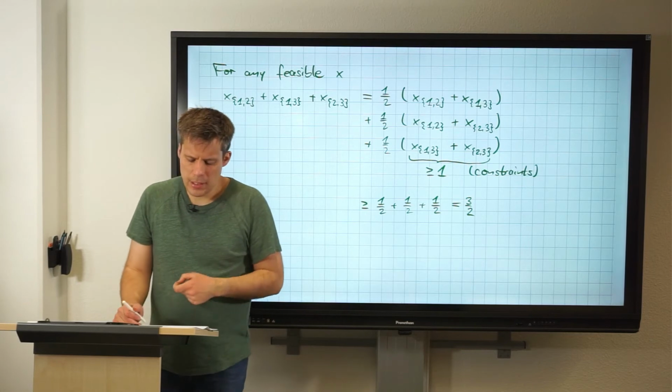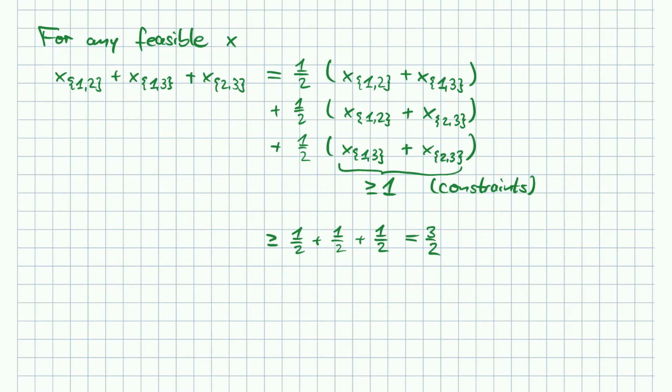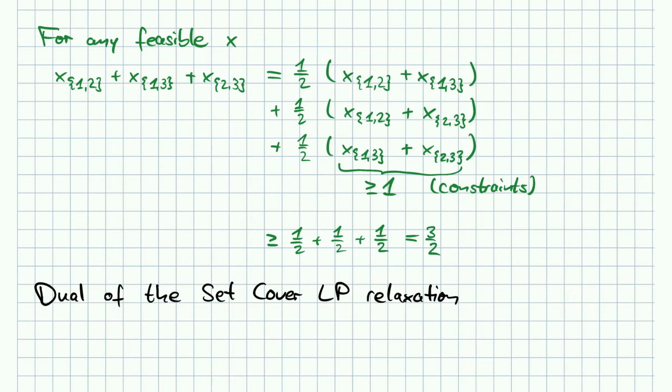What will this look like for set cover? For set cover, we have the following linear program, which we call the dual of the set cover LP relaxation. We'll have to maximize the sum of ye.